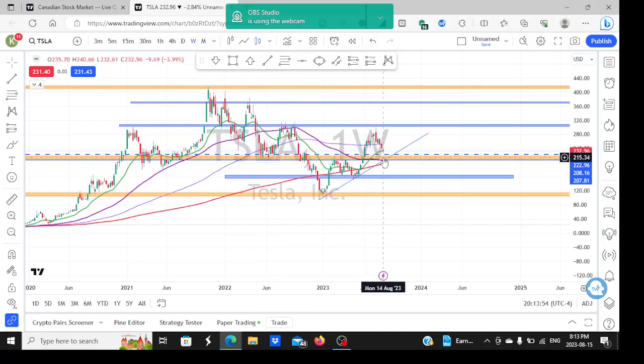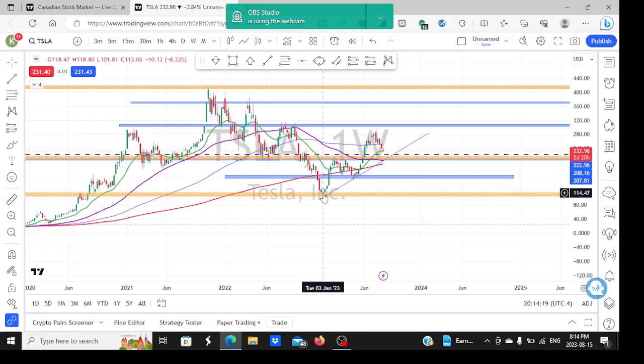And then we can come down to the 160 region, and if it doesn't react strongly here, it can come all the way down to 110, and it was there in January.